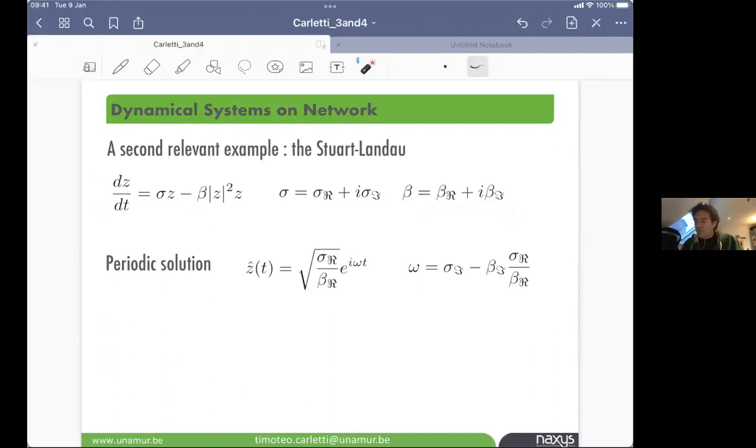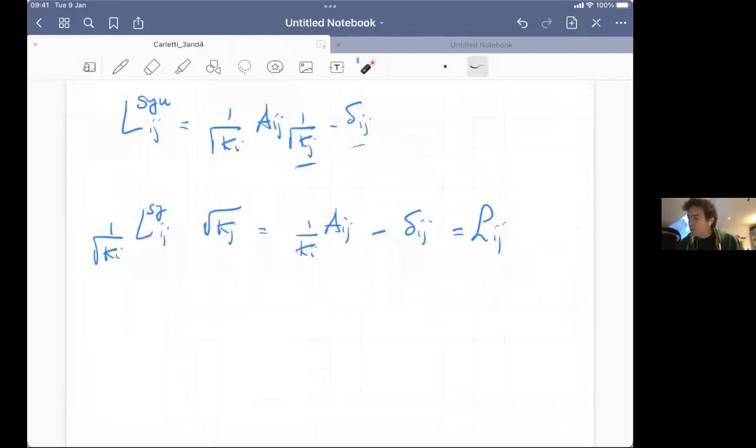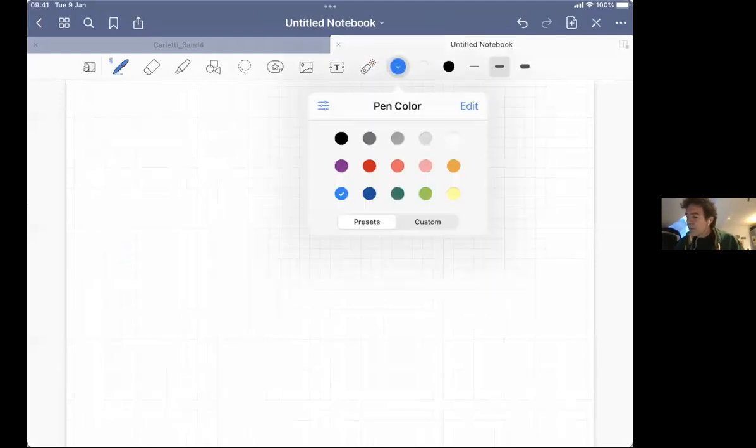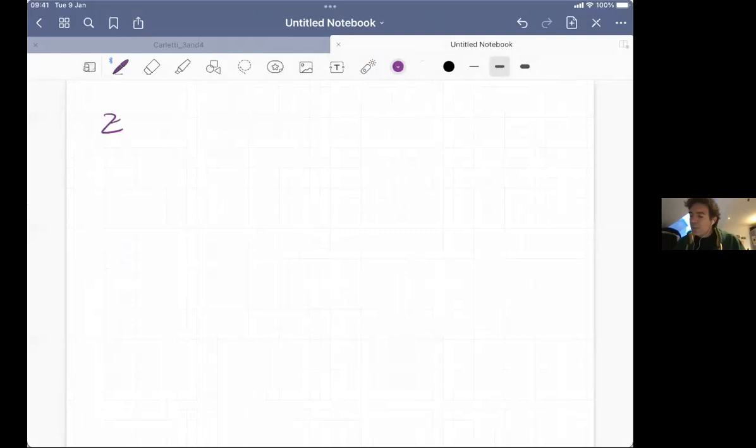One can show easily that this function admits a periodic solution. The periodic solution is this one, with this frequency omega. We can do the computation. It's not so difficult. So z dot is equal to sigma z minus beta modulus of z squared times z. The easier way is to just verify it.